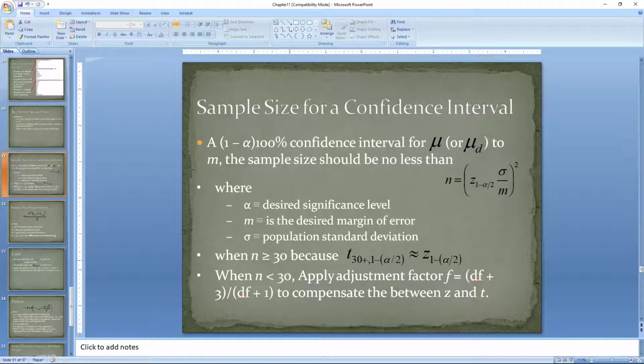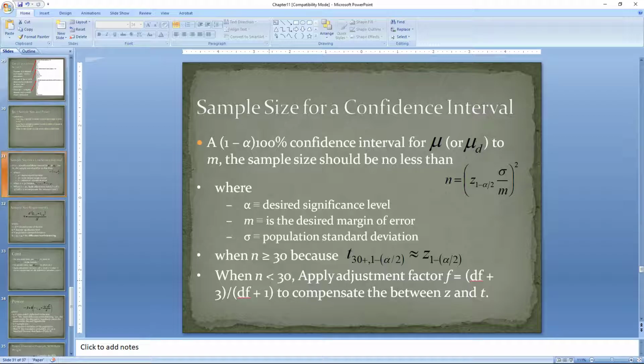When n is greater than 30, we can substitute a t-score for a z-score. However, when n is less than 30, we want to apply adjustment factor f, which is equal to the degrees of freedom plus 3 divided by the degrees of freedom plus 1, to compensate for the difference between z and t.